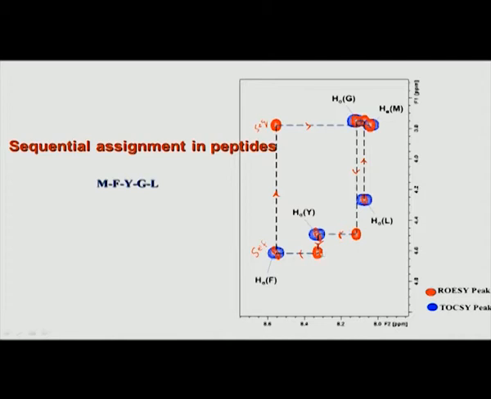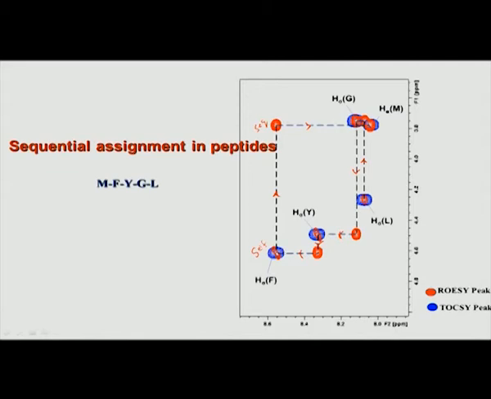That should now be the sequential peak of tyrosine, and if I go along the vertical line to the TOCSY, I get a blue peak which is the self of this sequential peak. What is sequential to Y? Sequential to Y is phenylalanine. Therefore, this blue peak is the self of phenylalanine.